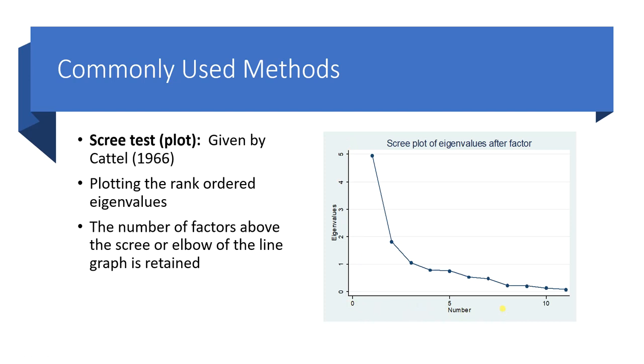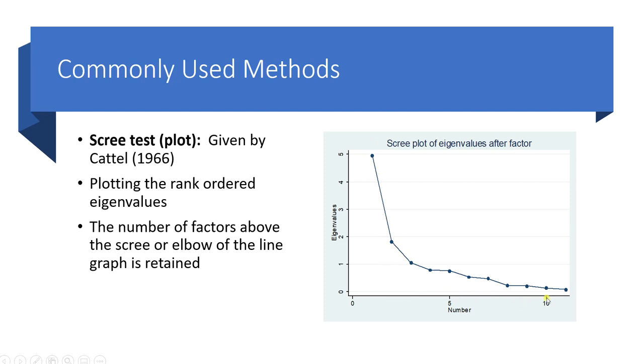And the number of factors to be retained is decided on the basis of the scree. I have already said that scree is a geological term. The slope is very steeply deep in the beginning, but it becomes shallow.